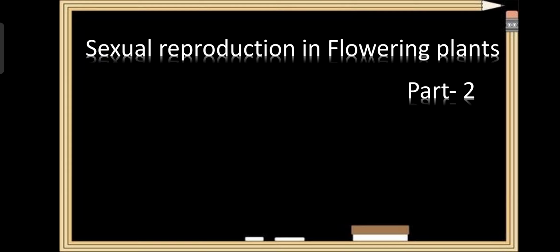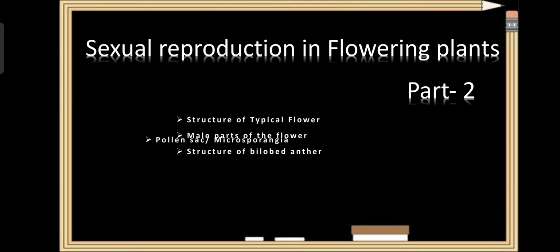In the previous session, we started the second chapter, sexual reproduction in flowering plants, where we studied the structure of a typical flower and the male part of the flower, the structure of the bilobed anther, pollen sac structure.